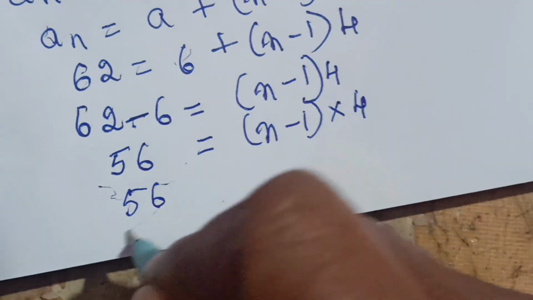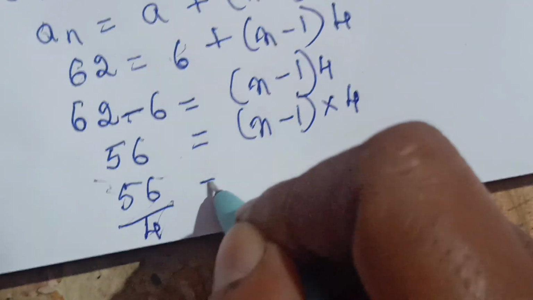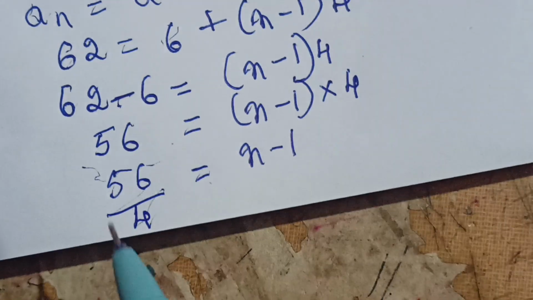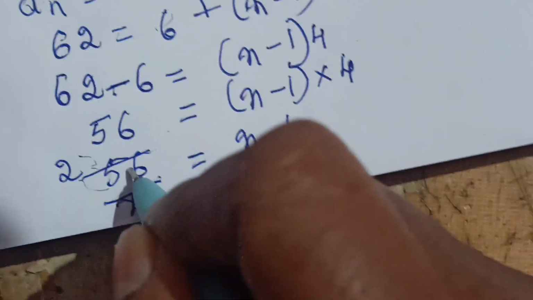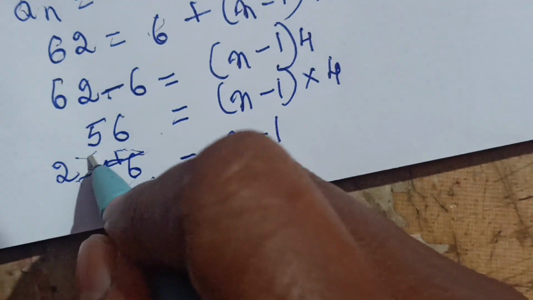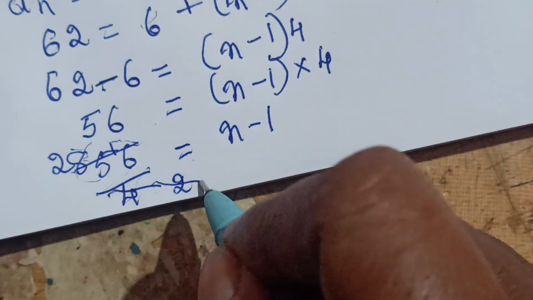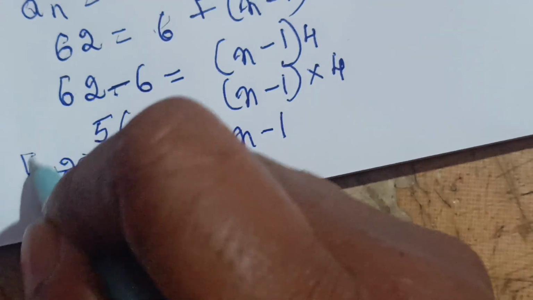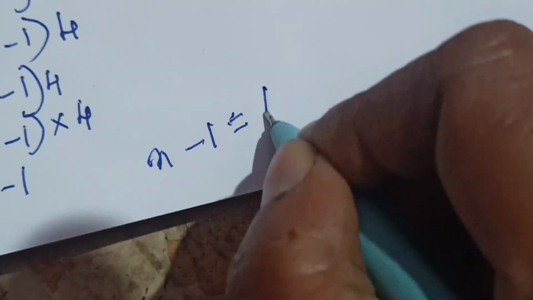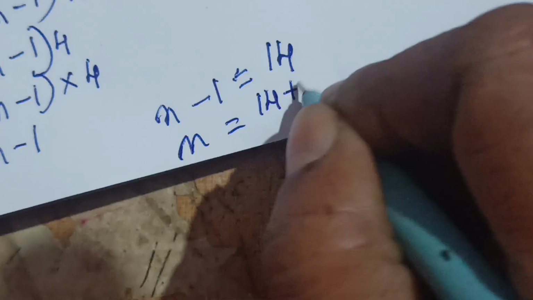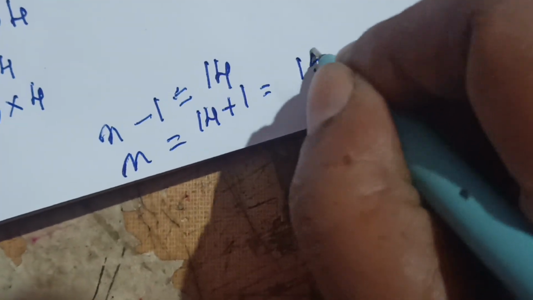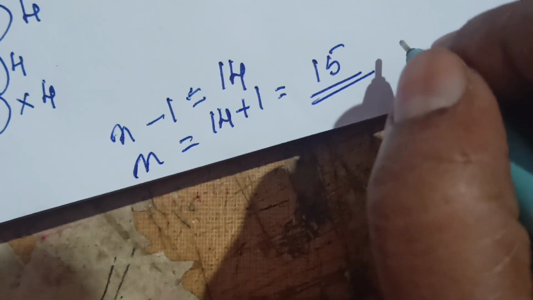So it will be 56 by 4 is equal to n minus 1. 56 divided by 4 is 14. So n minus 1 is equal to 14, so n is equal to 14 plus 1, which is equal to 15. So 62 is the 15th term.